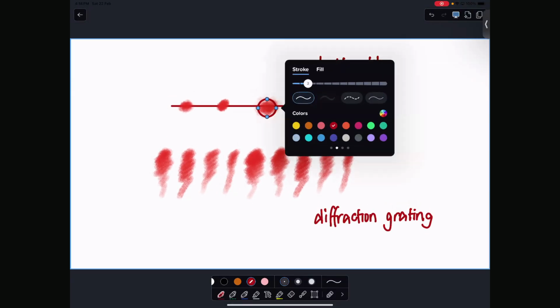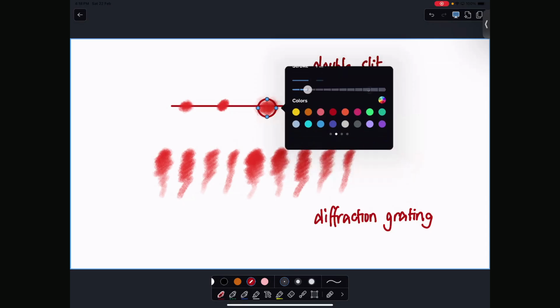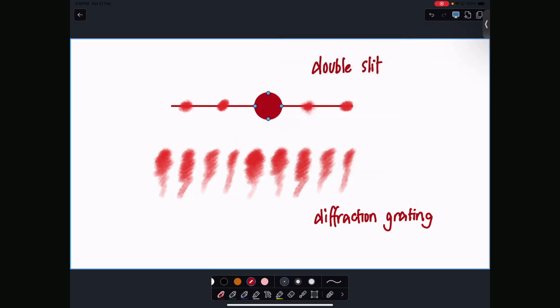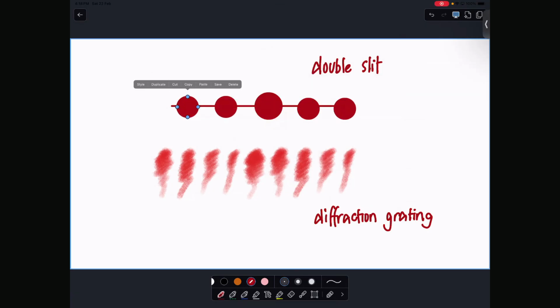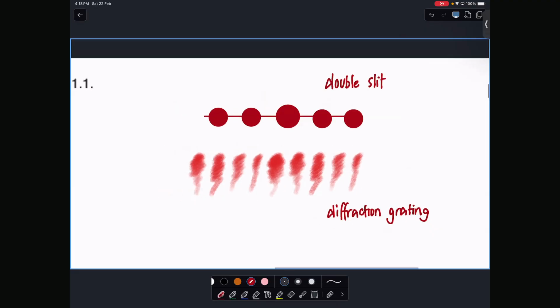And which one is your double slit interference experiment? Do you remember the equation for diffraction grating? What was the equation for diffraction grating?